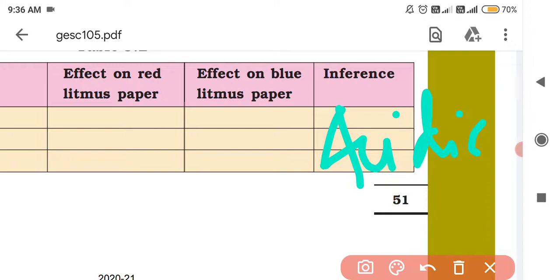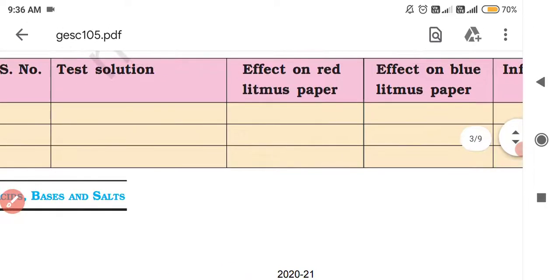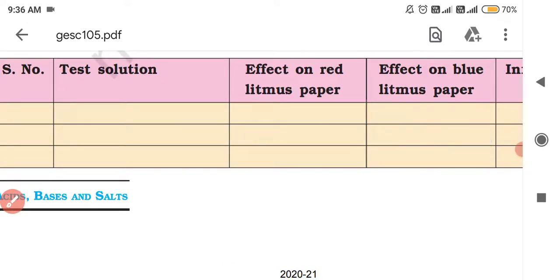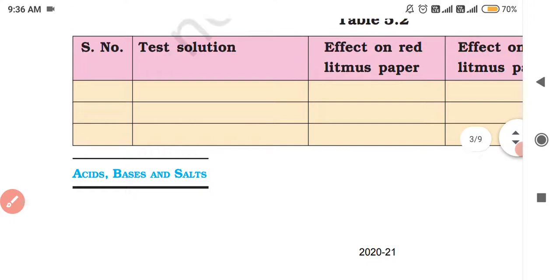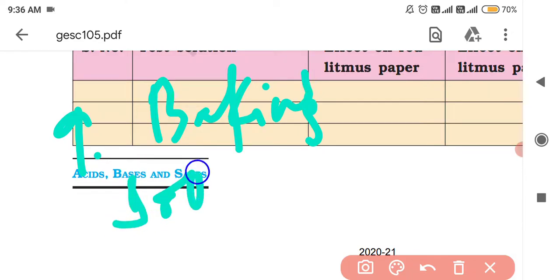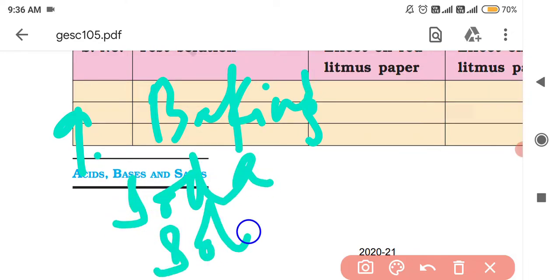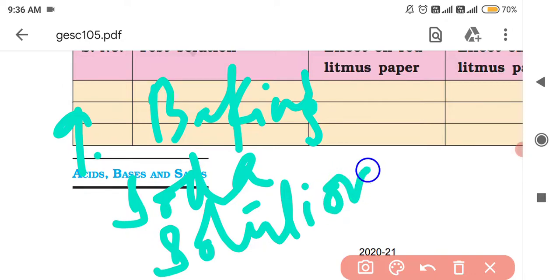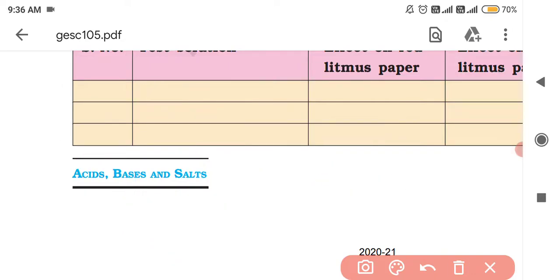Next is baking soda solution, number 9. Okay, baking soda solution.